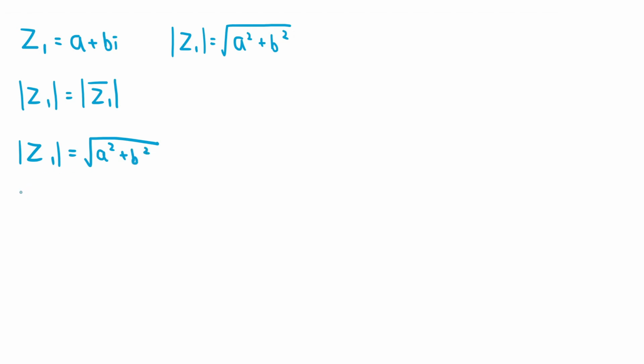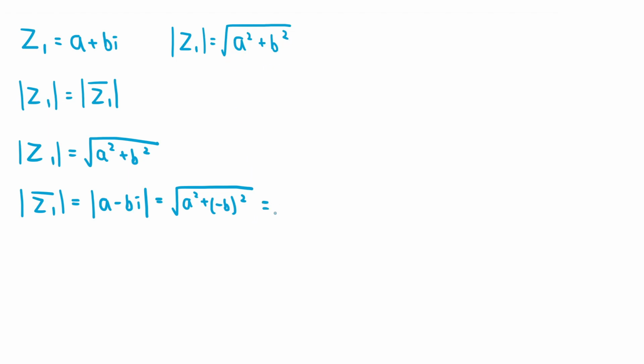And if we consider the absolute value of z1 conjugate, that's just equal to the absolute value of a minus bi, since the conjugate of z1 is just a minus bi. The absolute value of a minus bi is just equal to the square root of a squared plus negative b all squared, because if we look at the definition of the absolute value, it's just the real part squared plus the imaginary part squared, all under the square root.